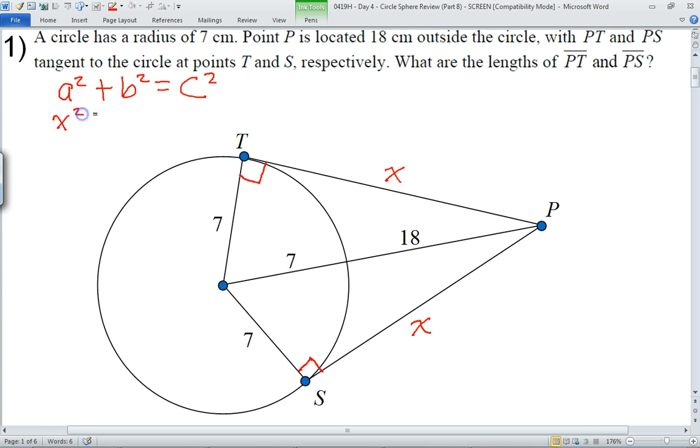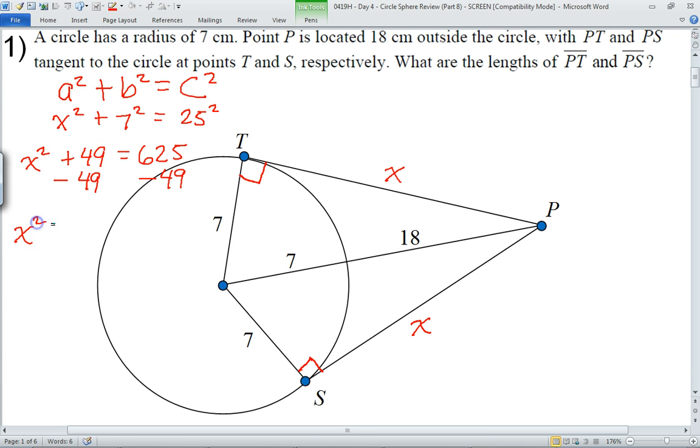So x squared plus 7 squared equals 7 plus 18 is 25 squared. So then that means we're going to have x squared plus 49 equals 625. And then we're just going to subtract 49 from both sides.